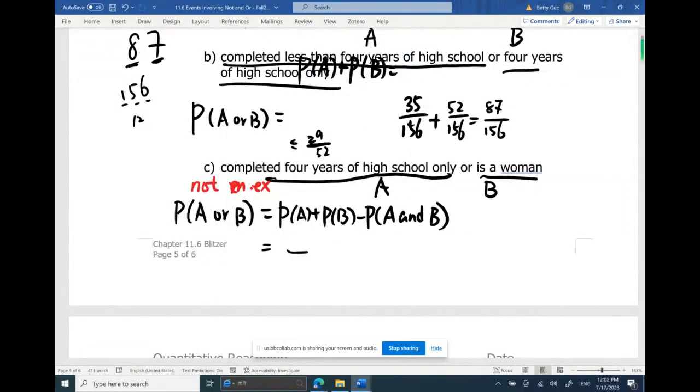What is the P of A? Complete 4 years only. We had that result from part B, 52 over 156. And what's the probability of randomly selecting a person that is a woman? The denominator is going to remain as 156.